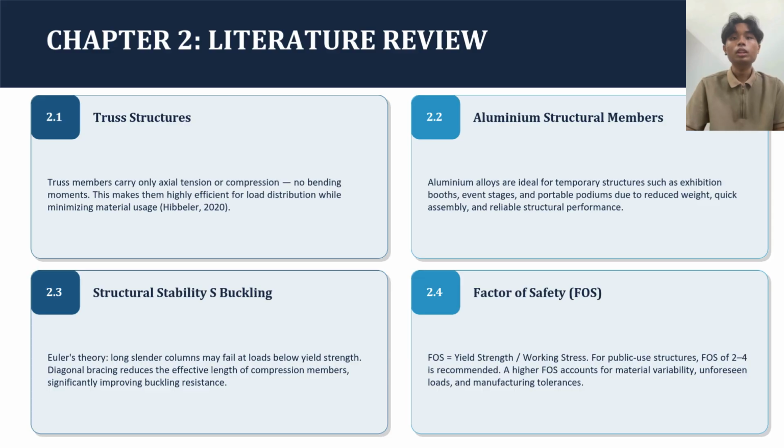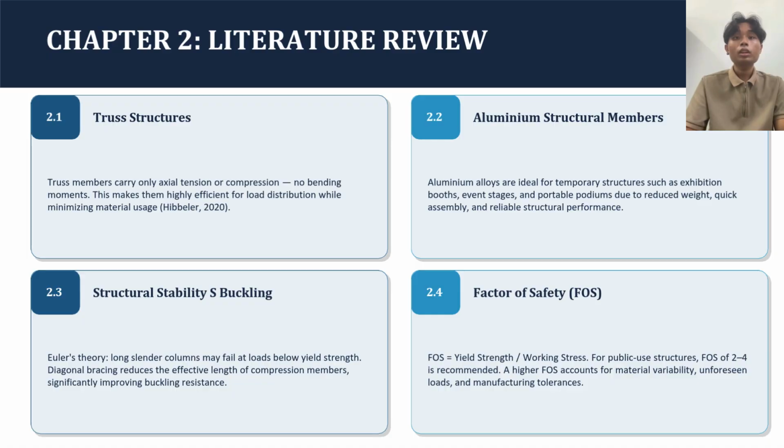Truss structure: we rely on the principle that truss members carry only axial tension or compression, with no bending moments, as noted by Hibbeler 2020. This makes them highly efficient for load distribution while minimizing material use. Aluminium structural members: we chose aluminium 6061 T6 for this lectern. Aluminium alloys are ideal for temporary structures such as exhibition booths and portable podiums, because they provide reduced weight, quick assembly and reliable structural performance.